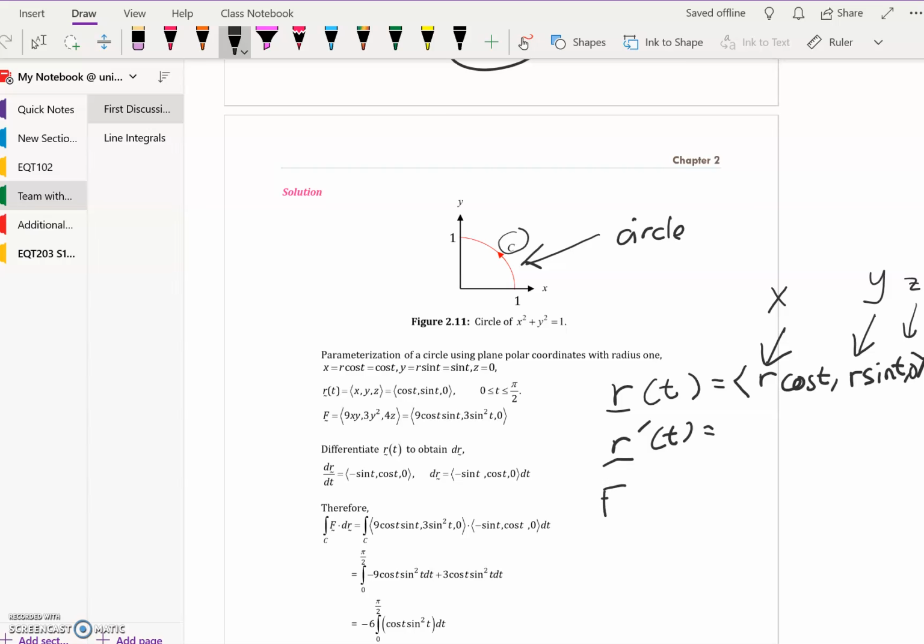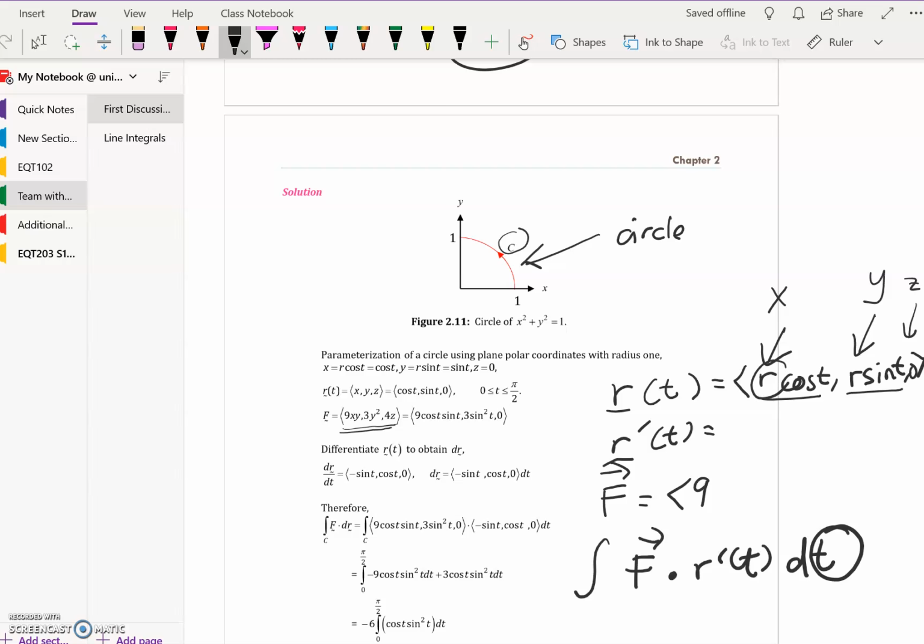When you are given the F just now, which is 9xy, 3y square, 4z, you need to multiply. So what is 9xy? 9 times x, which is r cos t, times r sin t. Note that after this we want to integrate F dot r prime(t) dt, so that the only variable is t.